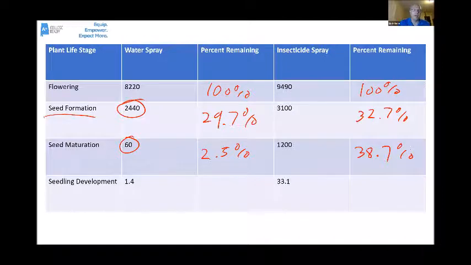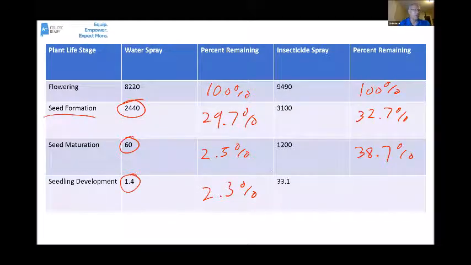And then finally, the bottom row is going to be 1.4 divided by 60. So that's, again, 2.3%. And the last one, 33.1 divided by 1200, and that is 2.8%.